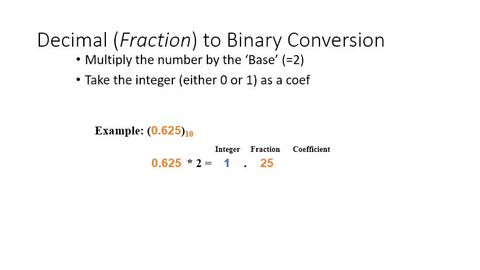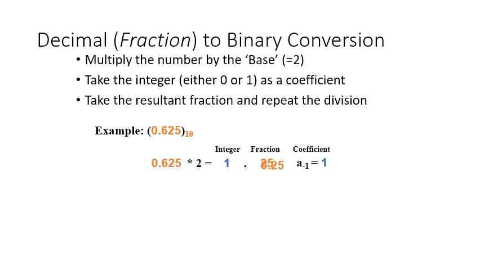You have to multiply until the fraction is 0. And if the fraction doesn't become 0, you have to take up to 3 or 4 decimal places. Again you will multiply the fraction by 2, you will have integer 0 and fraction 0.5. Again you will multiply 0.5 by 2, you will have integer 1 and fraction 0. Now as the fraction has become 0, you will stop here.